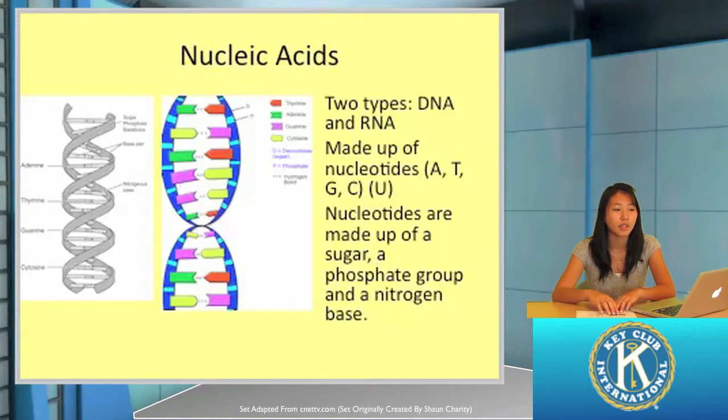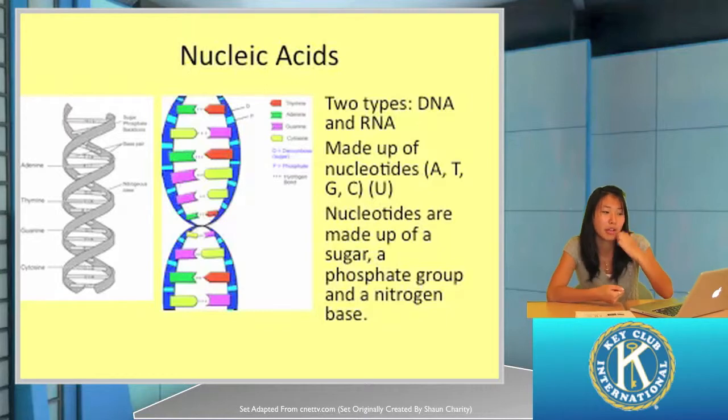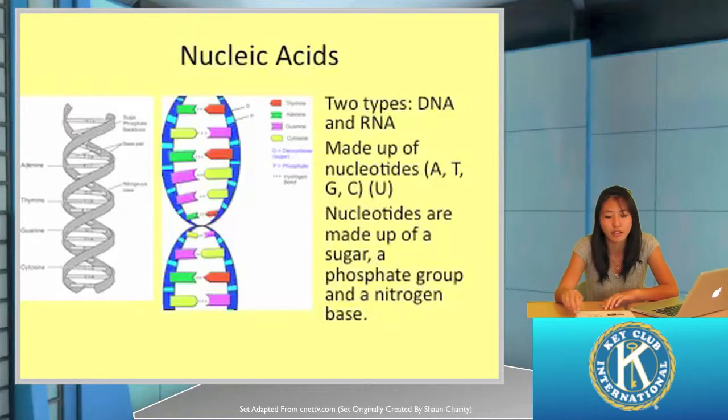Uracil is only in RNA, in place of thymine. These nucleotides are made up of a sugar, a phosphate group, and a nitrogen base, and these all form what we know as the double helix DNA.